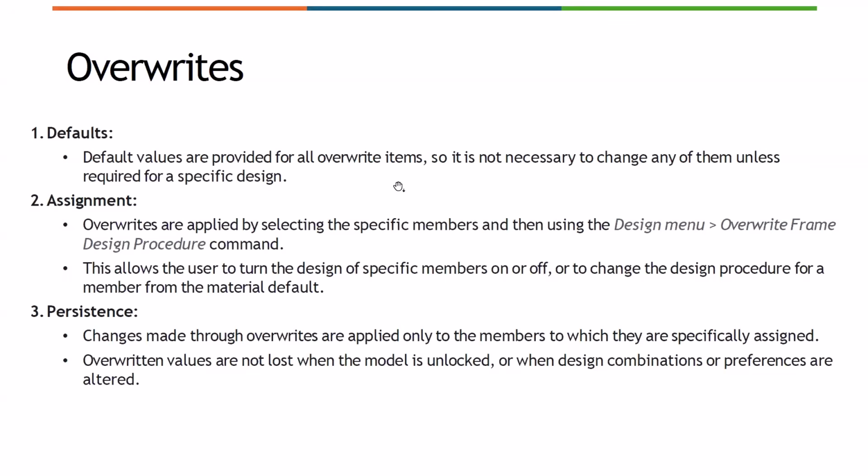They can also overwrite some of these factors by using the design overrides available in the design menu under override frame design procedure. Once they are overwritten, the overrides persist through the entire modeling cycle.